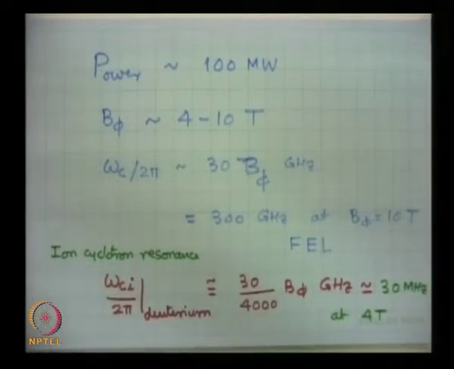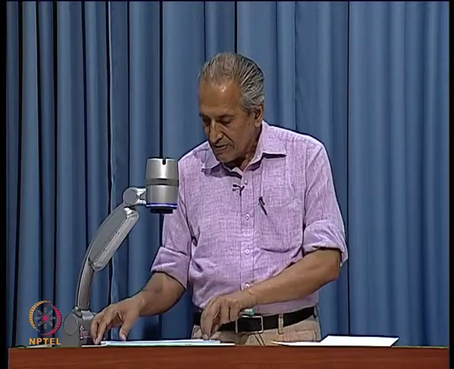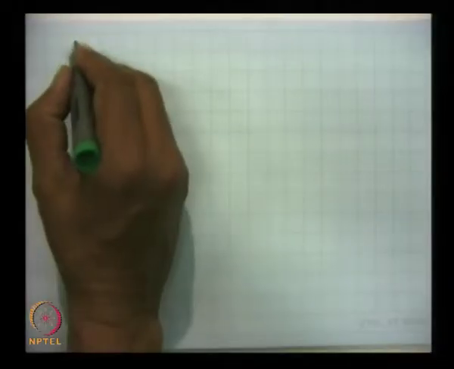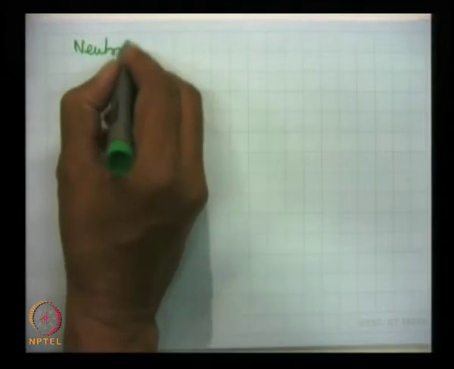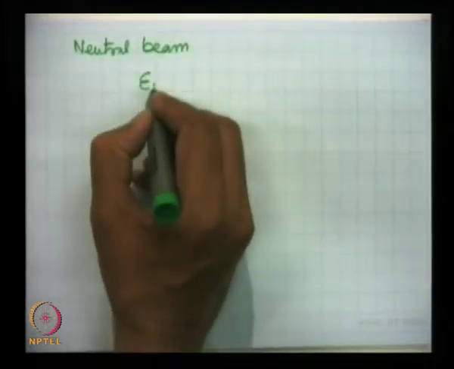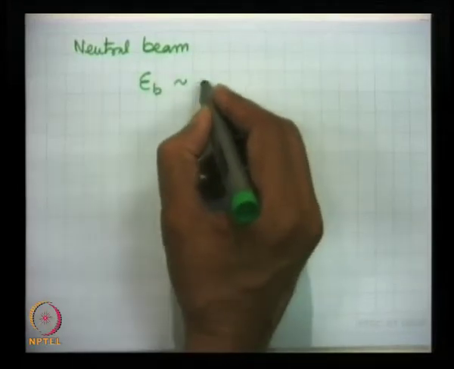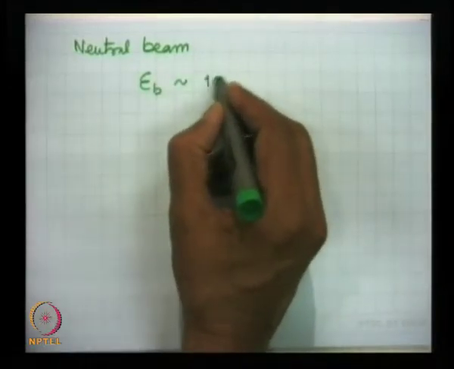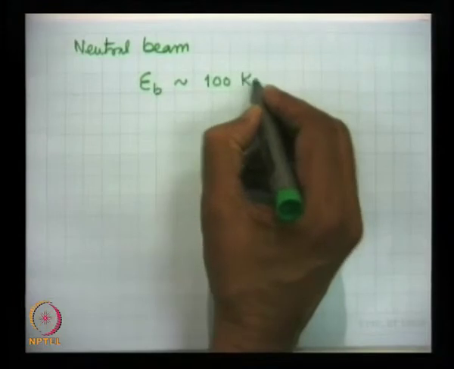One can also choose Elfin waves whose frequencies are smaller than this frequency. Now, as far as neutral beams are concerned, neutral beams typically have beam energy EB of the order of 100 kilo electron volt.